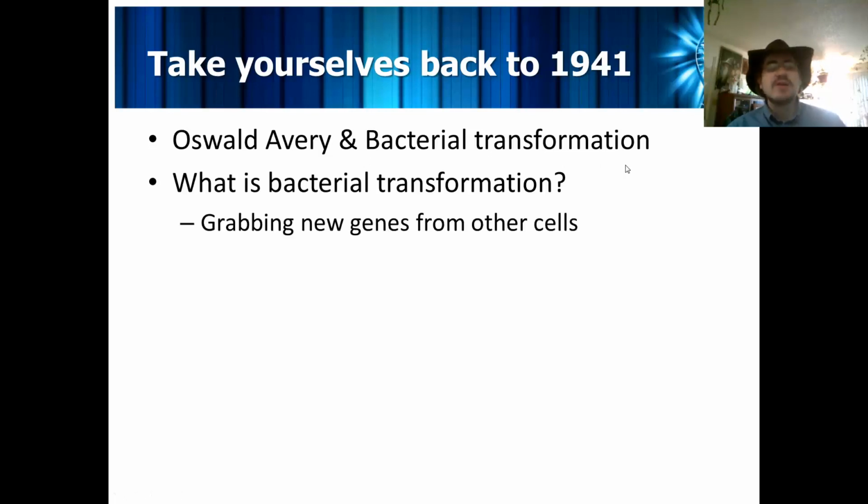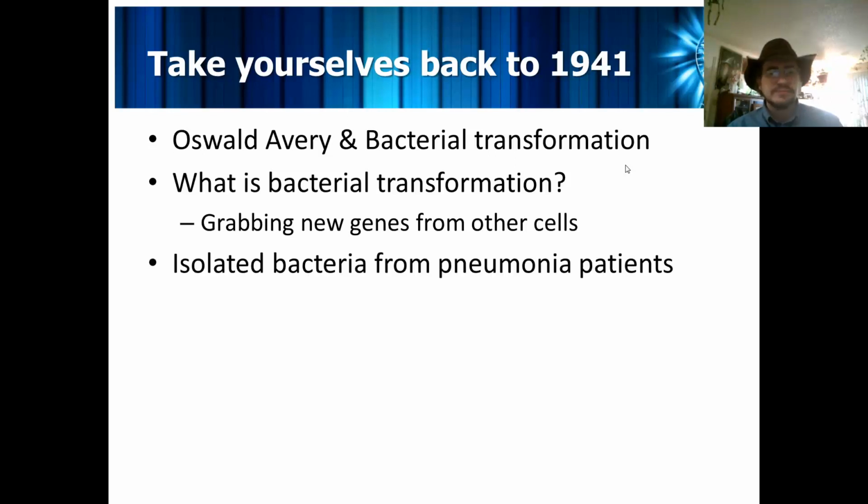It's when a bacteria grabs new genes. It'll grab new genes from the environment around it or from another bacterial cell. Either way, the bacteria ends up with a gene it didn't have before. So when a bacteria is transformed, it has a new gene.